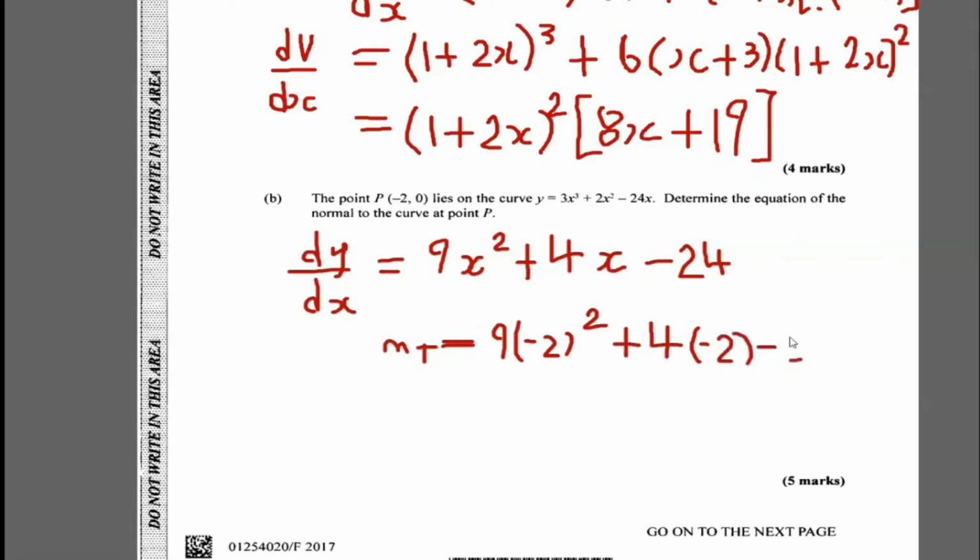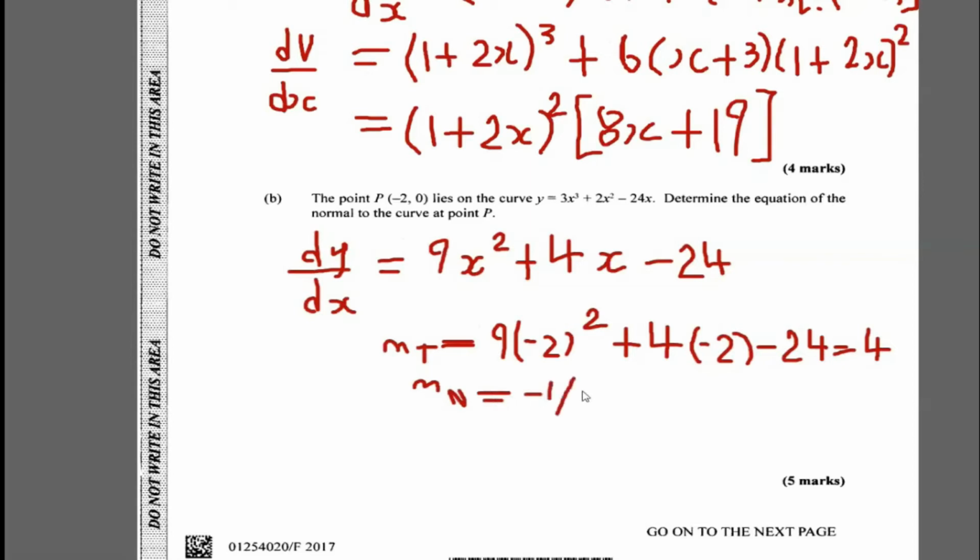So when you put in all of this, the gradient of the tangent works out to be, let's calculate this, 9 times (-2) squared plus 4 times -2 minus 24, that's 4. That's the gradient of the tangent, 4. Since the gradient of the tangent is 4, then the gradient of the normal is -1/4.